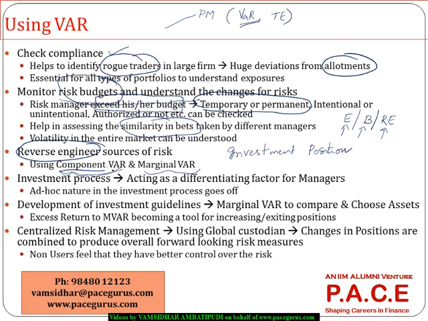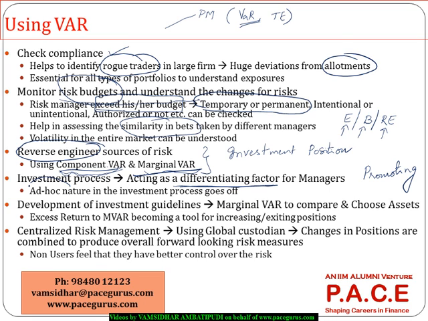How do I use this component VAR and marginal VAR to change my investment decisions? So that kind of thing can be helpful, especially with respect to the usage of VAR. So in the investment process, it is a very powerful tool which can act as a differentiating factor today. Even for promoting themselves, the managers started using this VAR.